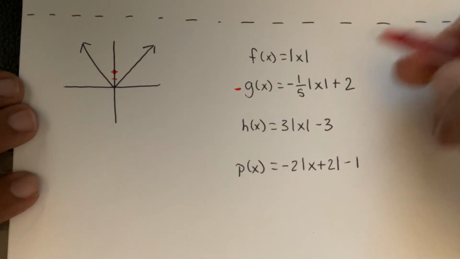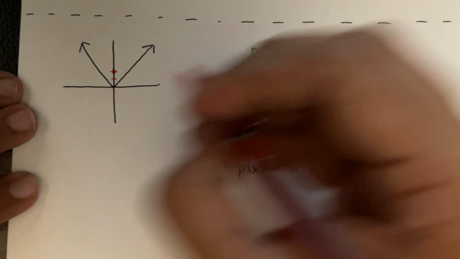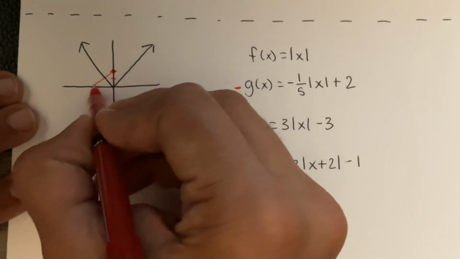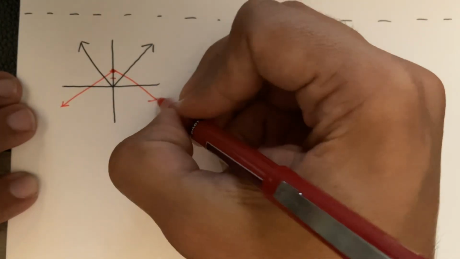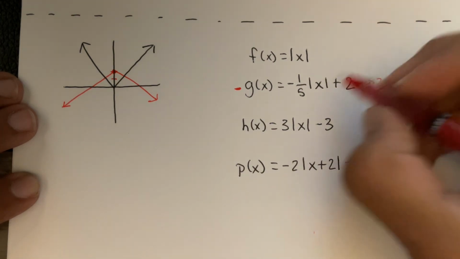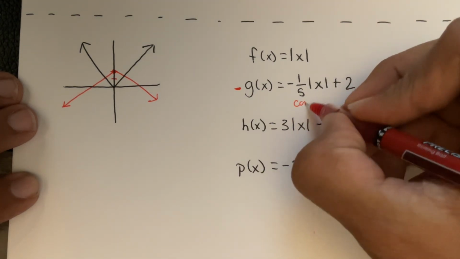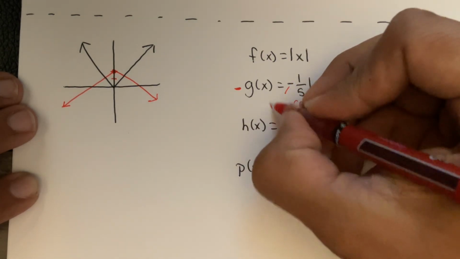There it is. Now I have to flip it, and it's going to go wider. So it's going to look something like this. Okay? So this is up 2, compress, and flip.